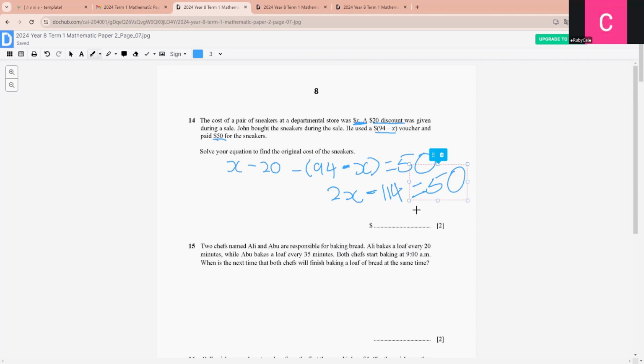So that means 2x equals to 164 because we moved the negative 114 to this side. And that means x equals to 82. So our final answer is $82.